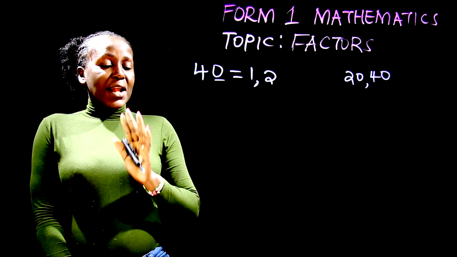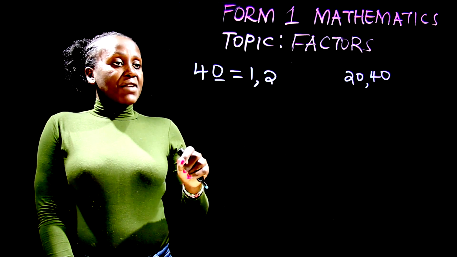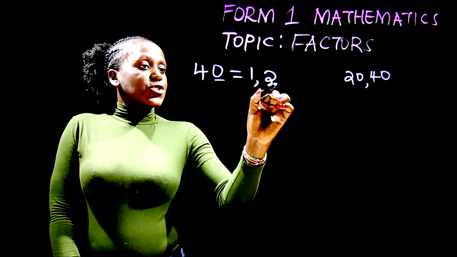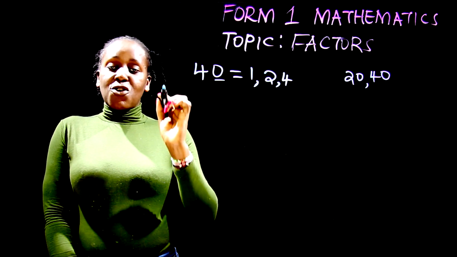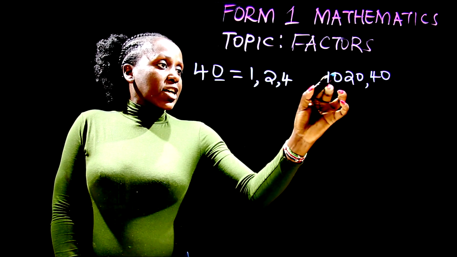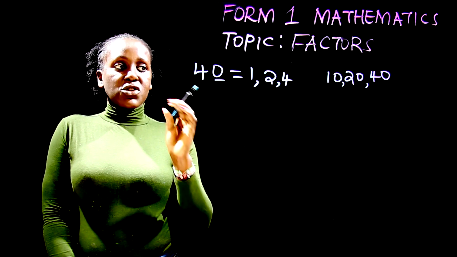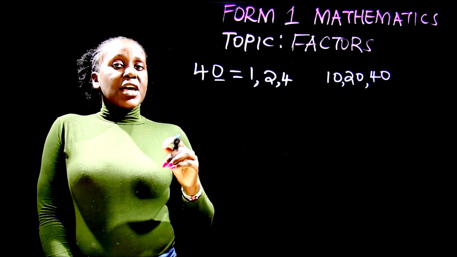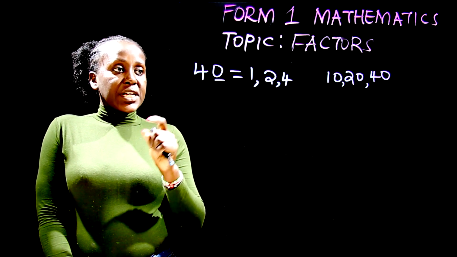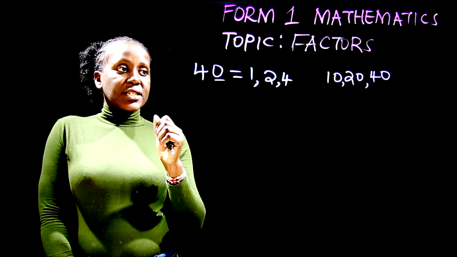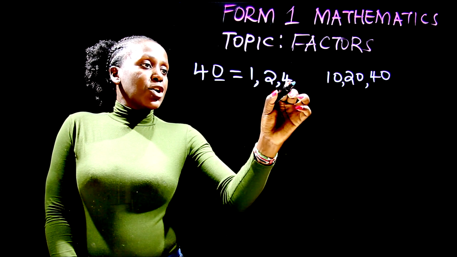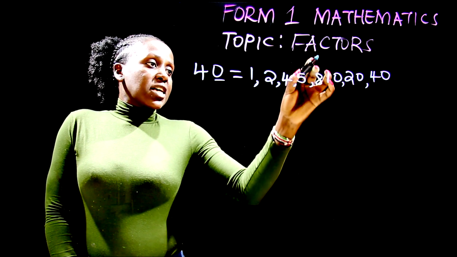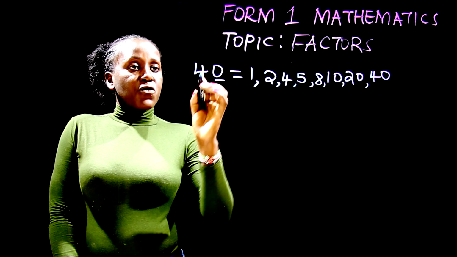And then we move to number 4. 40 divided by 4, we get 10. So 4 is a factor of 40. 10 is also a factor of 40. We move to the next one. The next number after 4 is 5. 40 divided by 5, we get 8. Very good. So 5 is a factor of 40 and 8 is also a factor of 40.